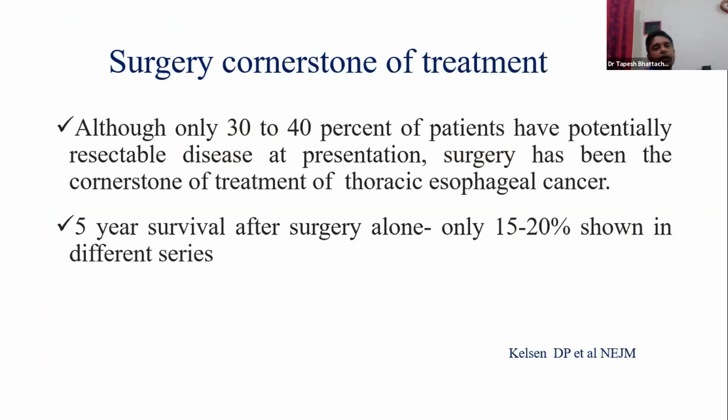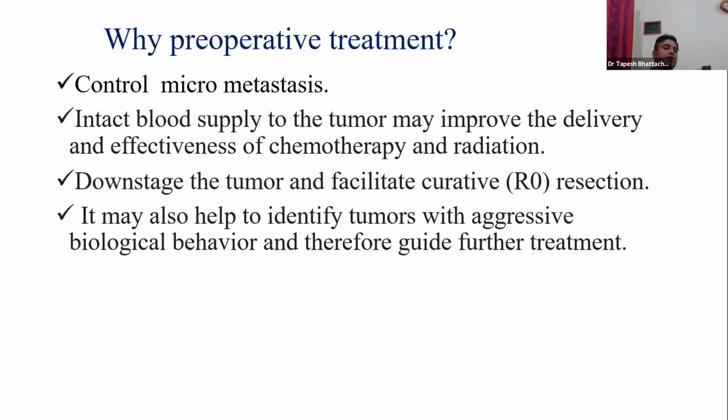So if we see the rest of the esophageal part, surgery is the cornerstone of treatment, although only 30 to 40% of patients have potentially resectable disease at presentation. 5-year survival after surgery comes around 15 to 20% in different series. So we were not satisfied with surgery alone. We need something more, so people tried pre-operative treatment before surgery.